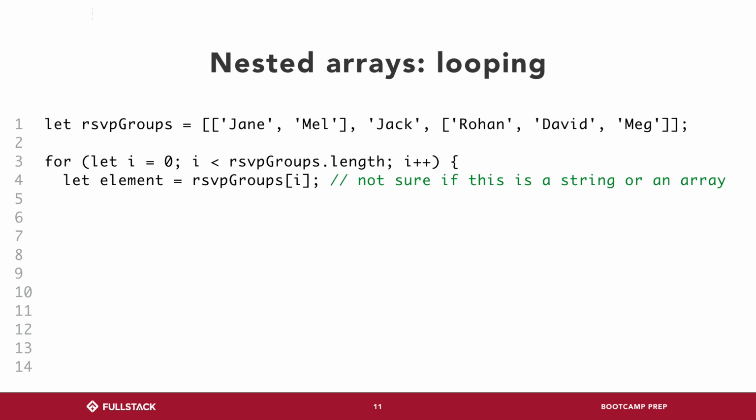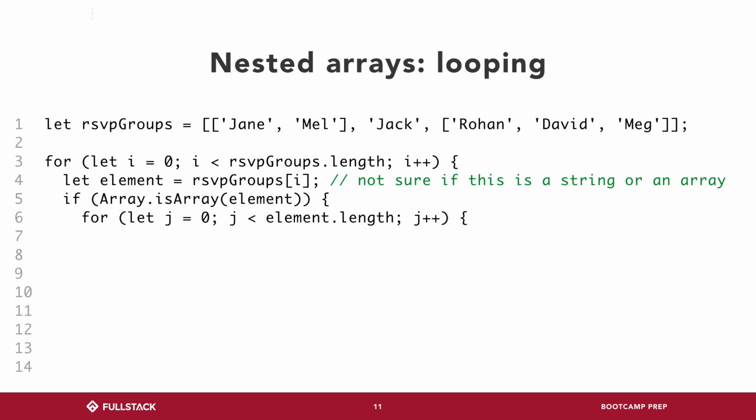So I'm just going to reference from the original array this index position, and I'm going to call that element. And then I'm going to call the function array is array on that element. So I know, am I dealing with another object that I have to dive into, or is it just a value that I can then process?